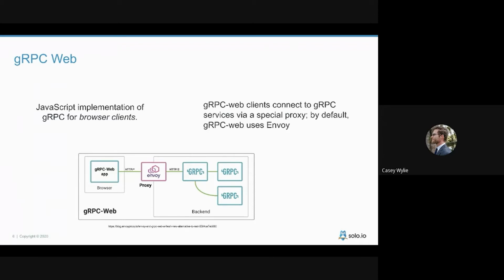In this case, it's a gRPC streaming web application. So the gRPC web client will connect to the backend services via Envoy. Envoy is going to facilitate that connection. As far as from the browser to the Envoy proxy, that's going to be HTTP 1 because that can't be forced.